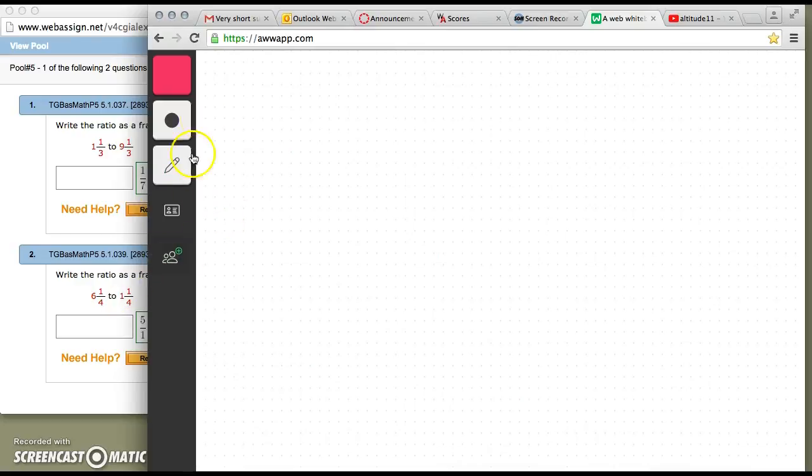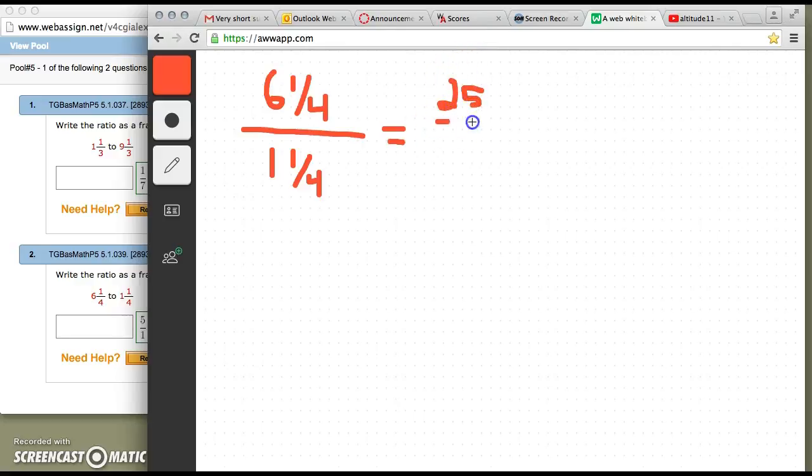Just to show it again, so we have 6 1/4. I'm going to go ahead and just write it as a fraction right away. 6 1/4 to 1 1/4. Running out of time here, so I'm going to go quick. First of all, rewrite these mixed numbers as fractions. 4 times 6 is 24, plus 1 is 25, all over 4.